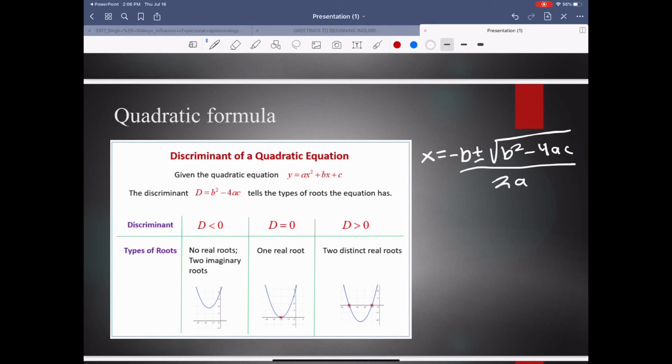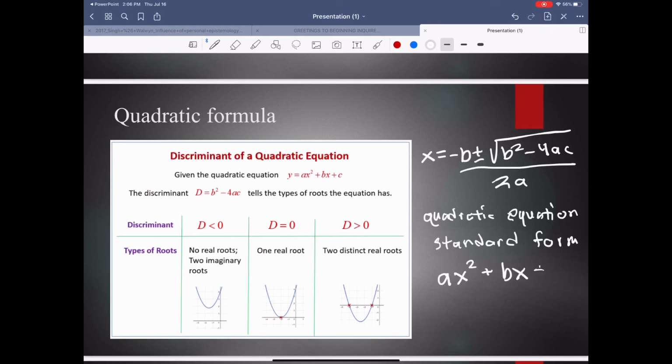Now, the only time you could use this formula is if your quadratic equation is in standard form. So part of the challenge is also to be able to use inverse operations to get into standard form, where a times x squared plus bx plus c is the form.